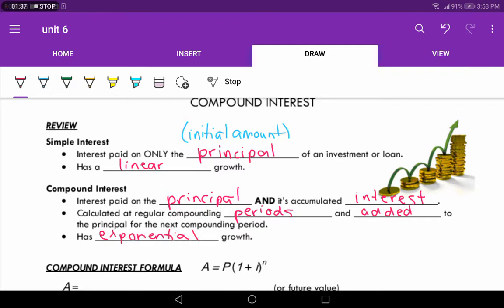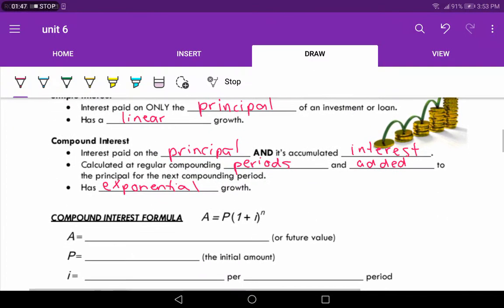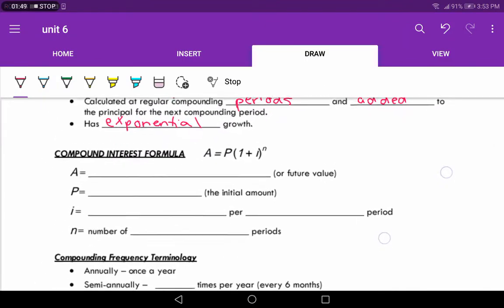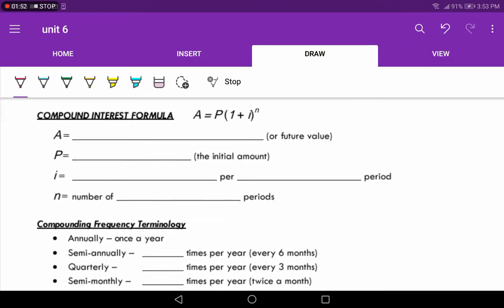So the longer that something is being compounded, the more money you will get and the faster it will grow. Okay, but again, we learned that works the other way as well. If you're borrowing money, the longer you have it borrowed for compounding, the more money you're going to end up owing.